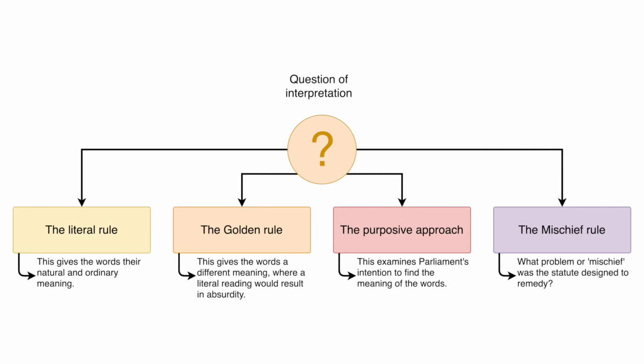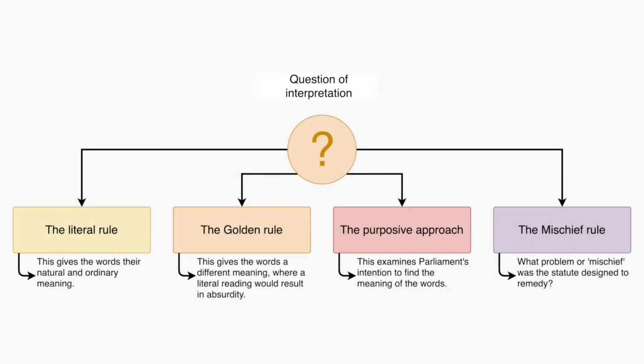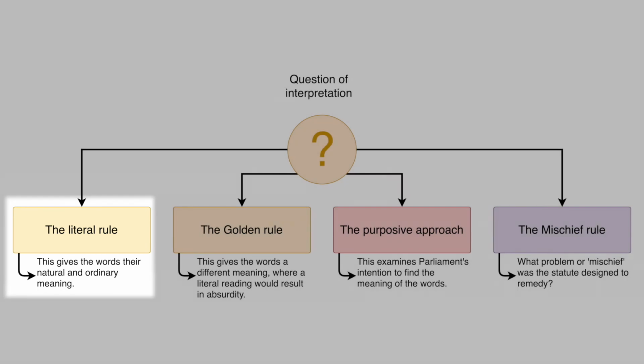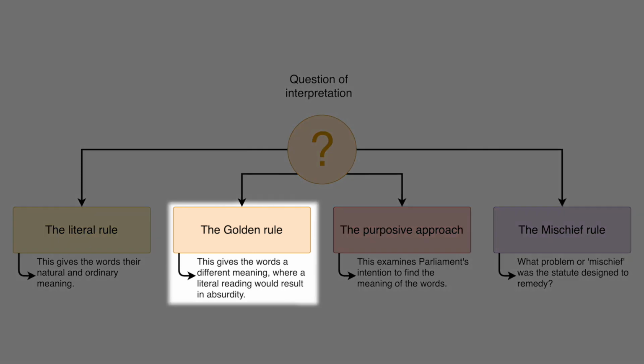So, in summary, you have 4 key principles of interpretation where a question of interpretation arises. You have the literal rule. This gives the words their natural and ordinary meaning, that is, their literal meaning. Then the golden rule.